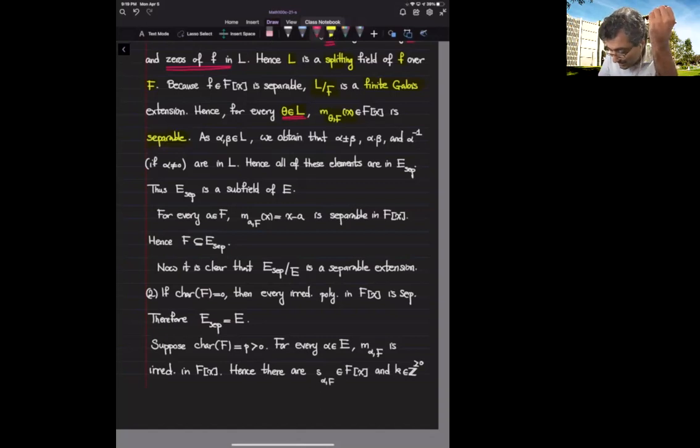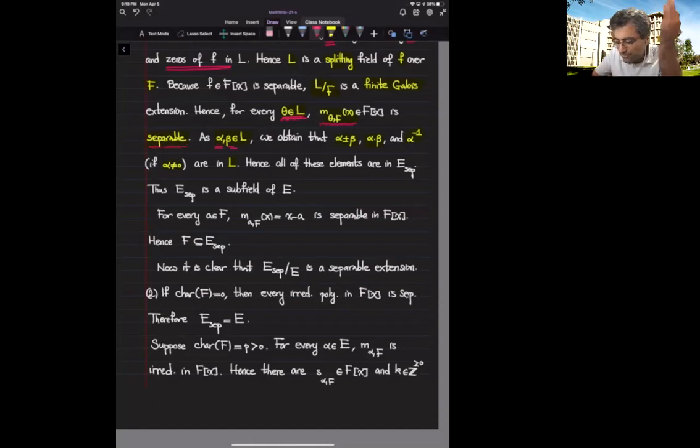L contains alpha and beta. So it does contain alpha plus minus beta. It does contain alpha times beta. It does contain alpha inverse, if alpha is not 0. All of these elements are inside L. But whenever I give you an element that's inside L, the minimal polynomial is going to be separable.